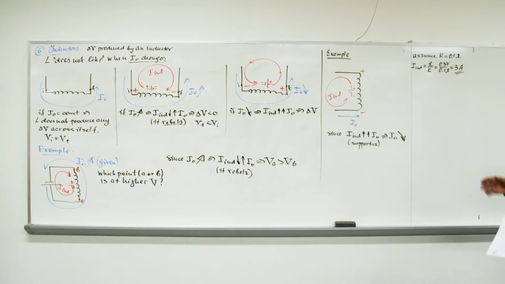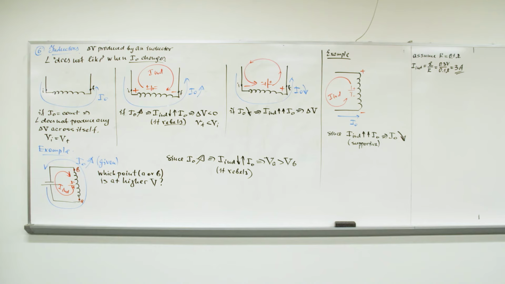Calculations of the potential difference using this formula, there is one example. I just don't want to write it. Yeah, this. Inductance is given. Initial current is given. Final current is given, and the period of time over which this current changes is given.